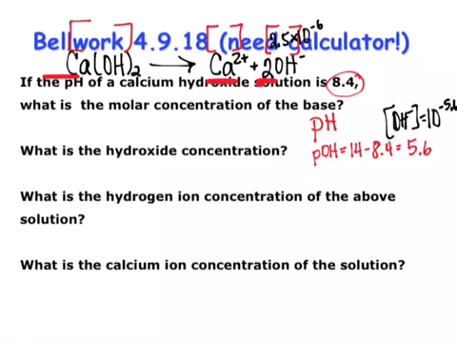So what would it be for 1 of them? You divide it by 2. So 1.25 times 10 to the minus 6. So that means that this concentration here has to be 1.25 times 10 to the minus 6. So, yeah. That means what's the concentration of my base? 1.25 times 10 to the minus 6.